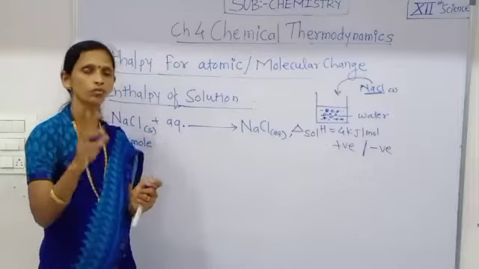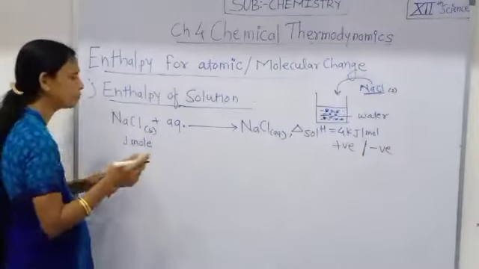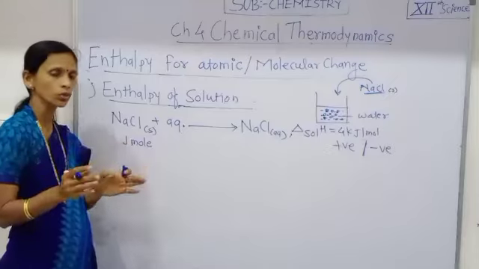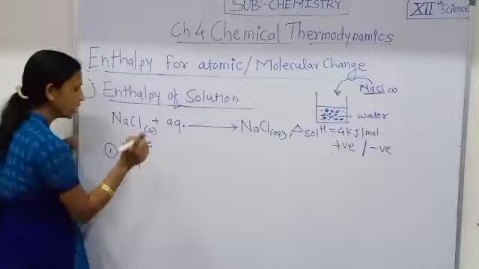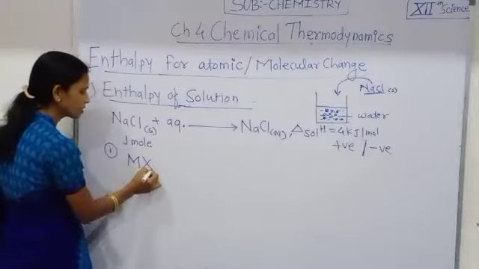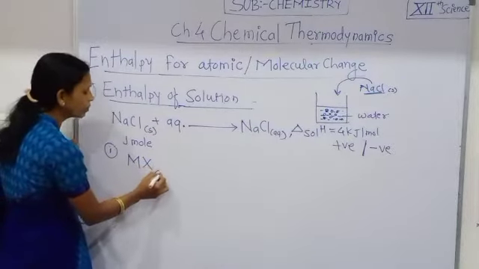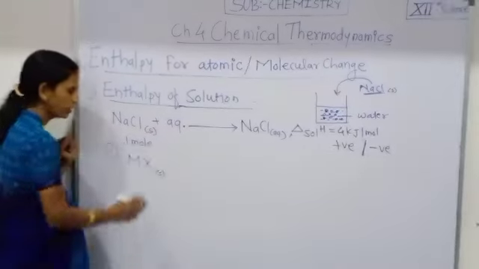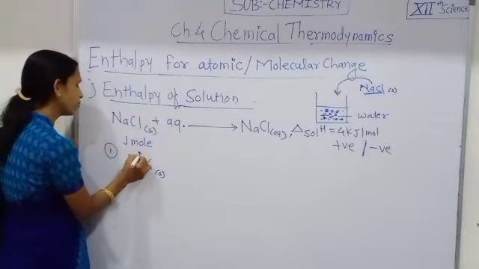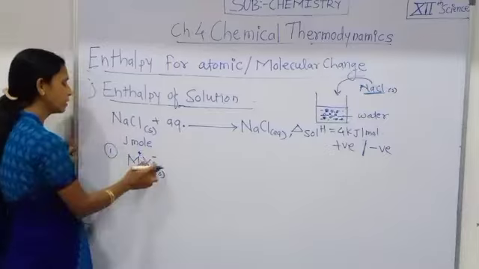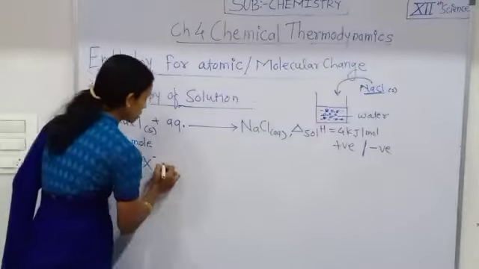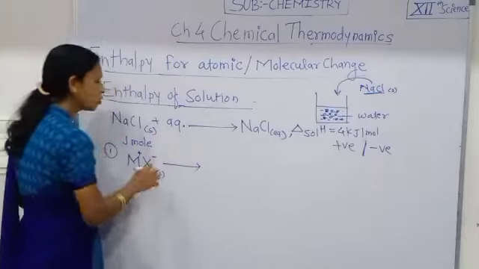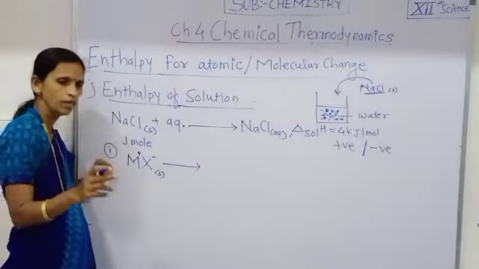That means the formation of a solution of an ionic compound contains two steps. Let us consider MX is an ionic compound in solid state, which contains M plus cation and X minus anion. MX is an ionic compound which is dissolved in aqueous medium.